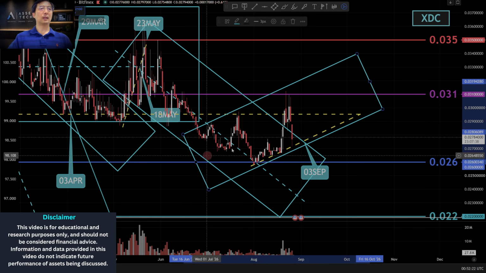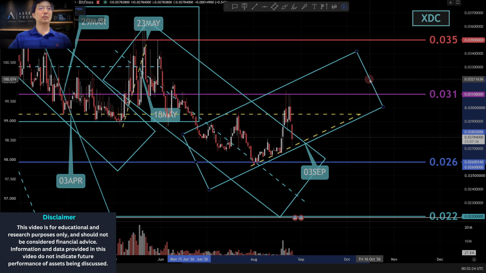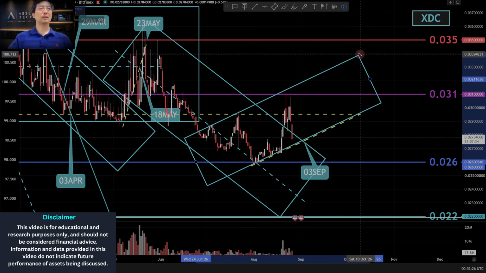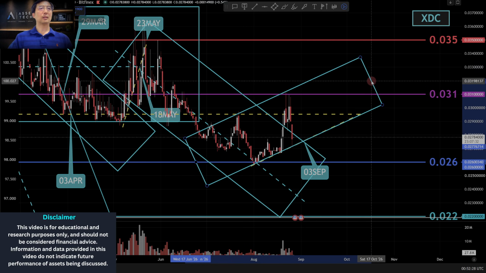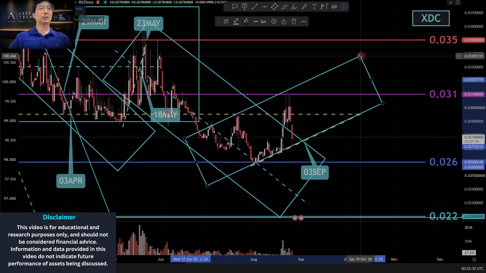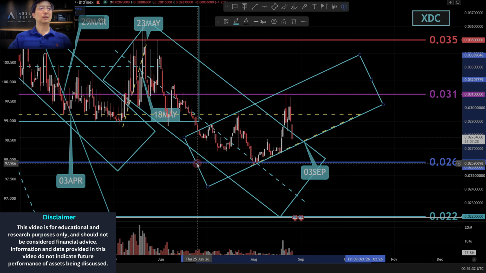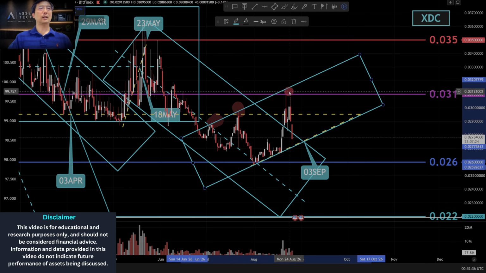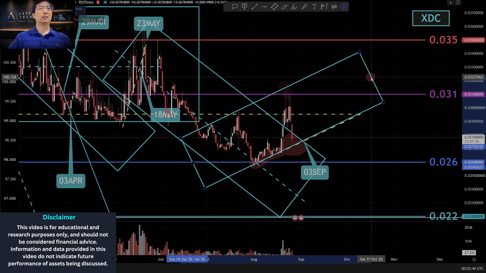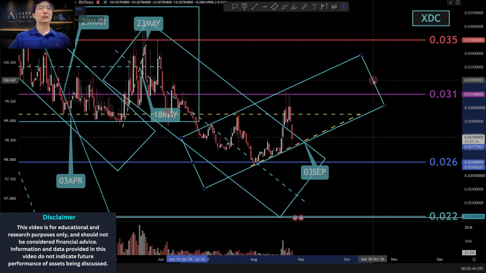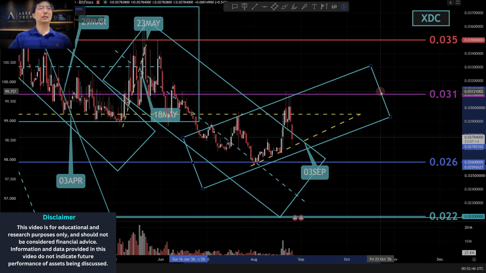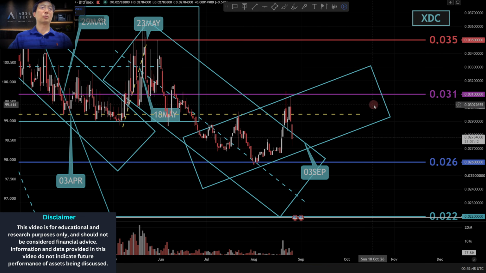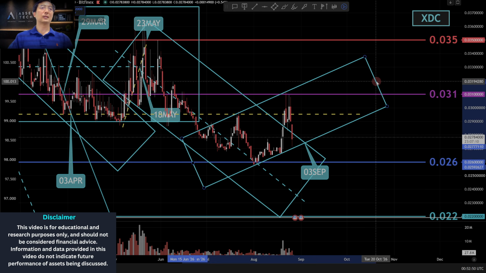So if I line it up with the yellow line, the base, so you can see the channel, right? We've got these higher highs, and then we've got these lower higher lows. It's actually the same thing with the yellow line. While I have drawn this, let's use this instead.